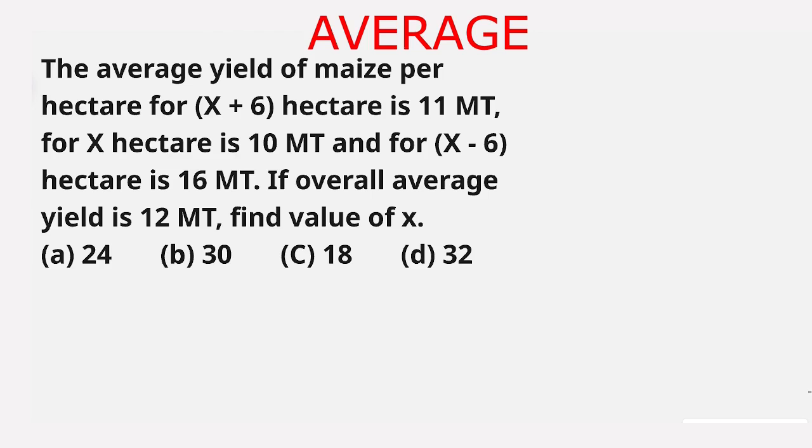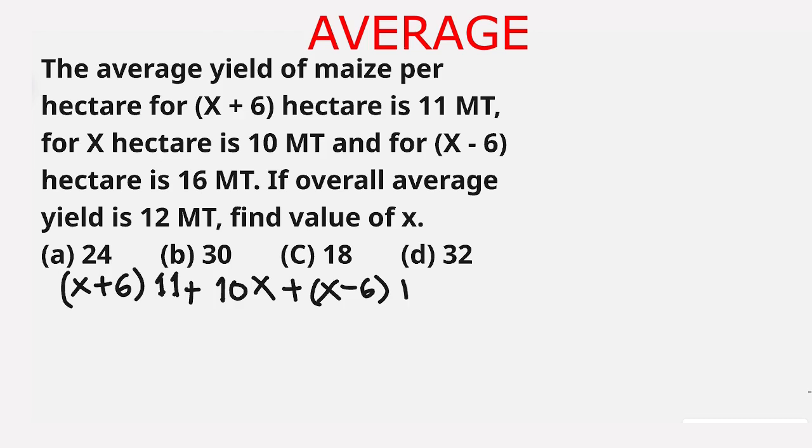We can calculate the total overall yield, which is x plus 6 multiplied by 11 metric ton for x plus 6 hectare, plus 10 times x for x hectare, plus x minus 6 multiplied by 16 metric ton for x minus 6 hectare, and this is the total yield.